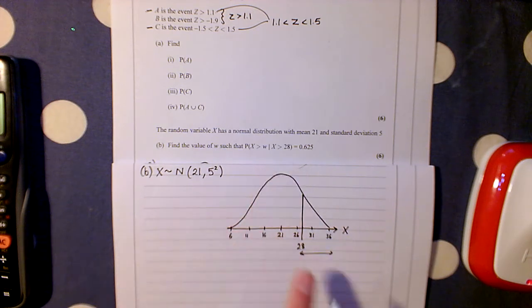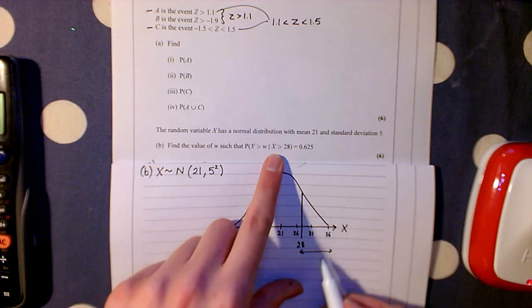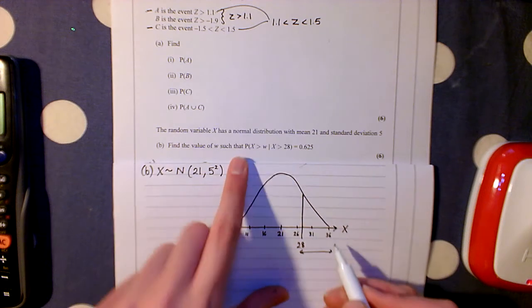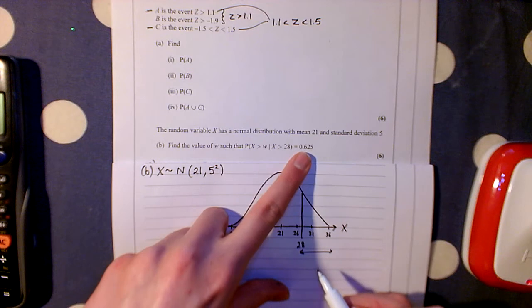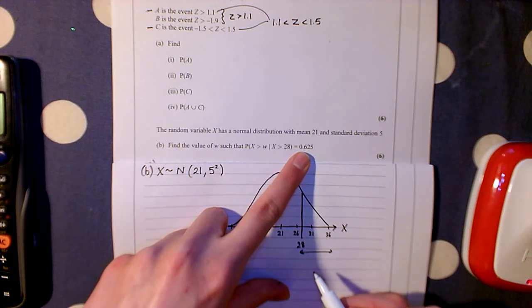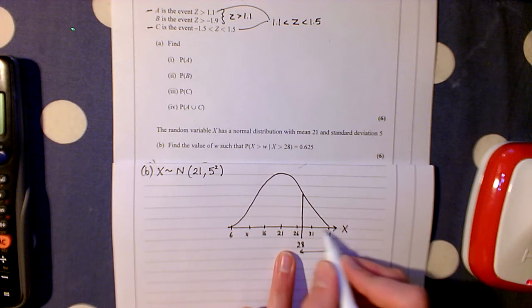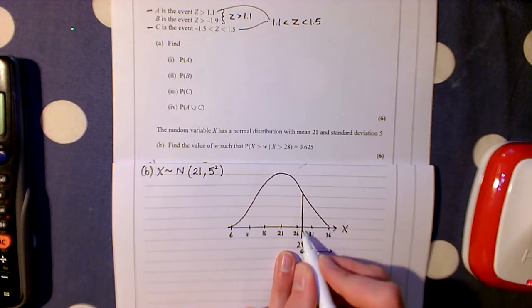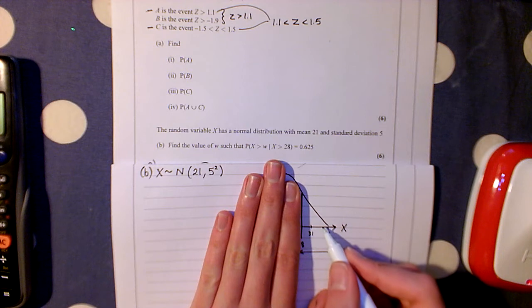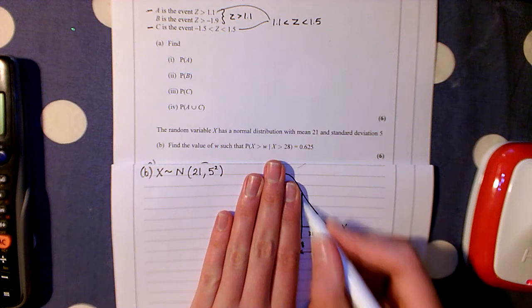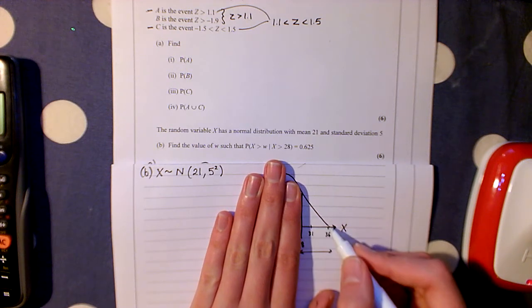So now let's see what it's saying. Given that you're in this section, the probability that x comes out more than some value w is 0.625, as in just over 60%. So it's asking me to find a value of w in here where the probability of being greater than that number, w, given that you're in this section, is just over 60%.